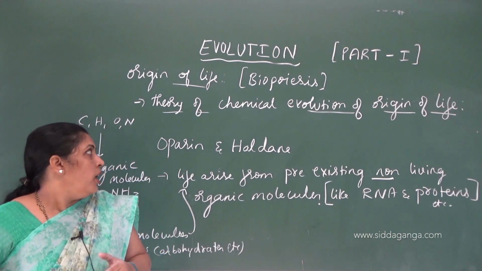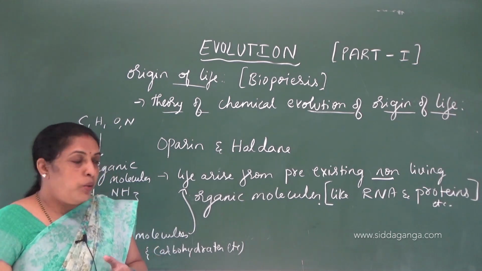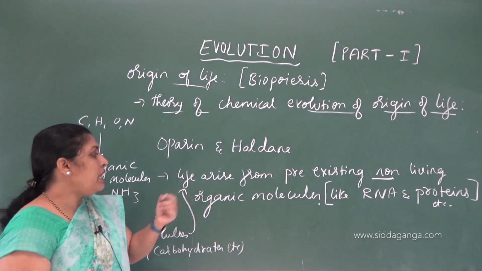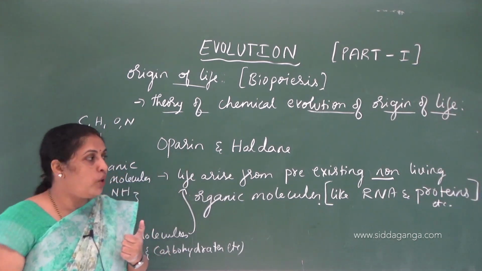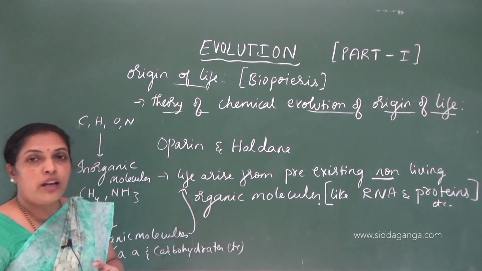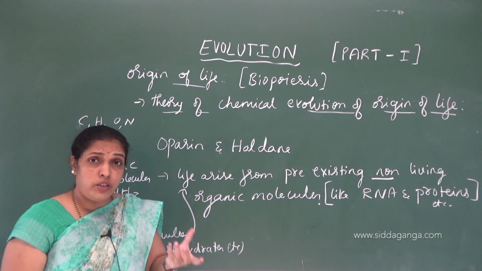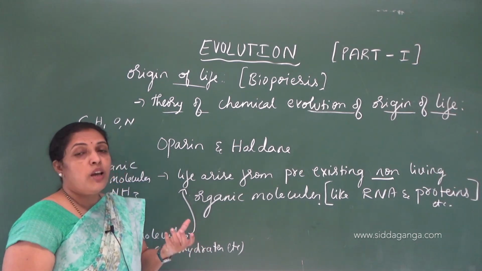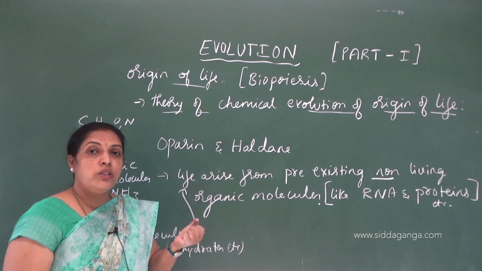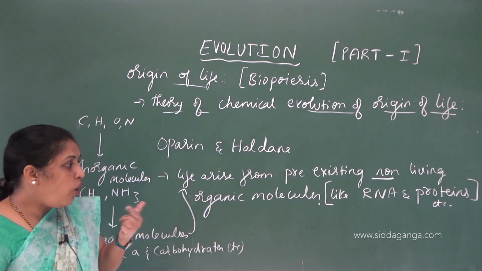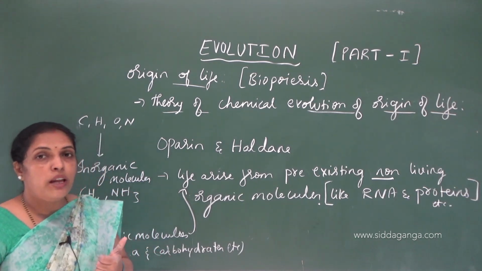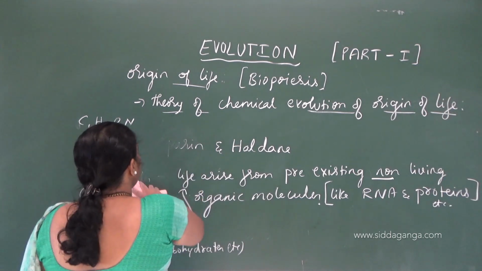This is called the chemogenetic theory. So Oparin and Haldane give us the theory that life arises from non-living organic molecules like RNA and proteins, that is, many diverse organic molecules like amino acids, nitrogen bases, sugars, proteins. All of these formed from the inorganic molecules and led to the formation of living organisms on this earth.